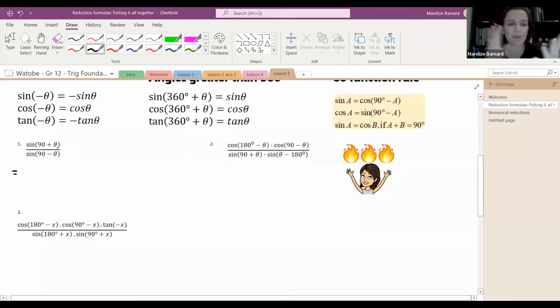It can only be the 180 or 360 rules for reduction, a negative angle, an angle greater than 360, or a cofunction. Clearly here we've got to do with the cofunction, because sine 90 plus should immediately jump out at you and shout cofunctions.